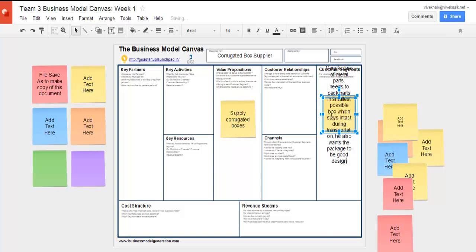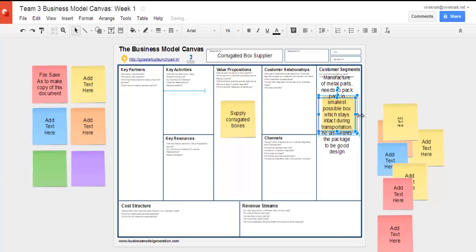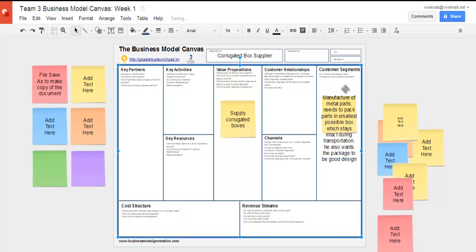So now if you try to solve these needs, we're going to see there's a whole lot of things we can provide. We can say we not only supply corrugated boxes, but corrugated boxes which can handle the pressure of transportation for certain types of products maybe.